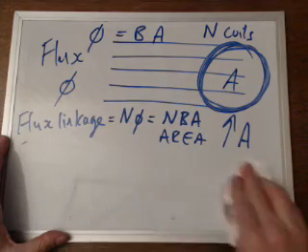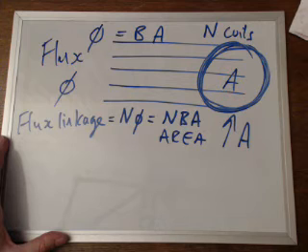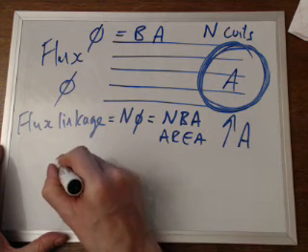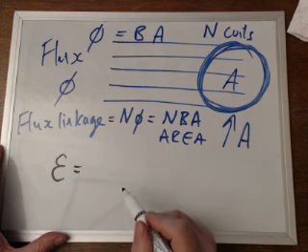So, as an equation, Faraday's law can be expressed as the induced EMF. Well, we're going to make the proportionality 1. So the induced EMF is equal to the rate of change.